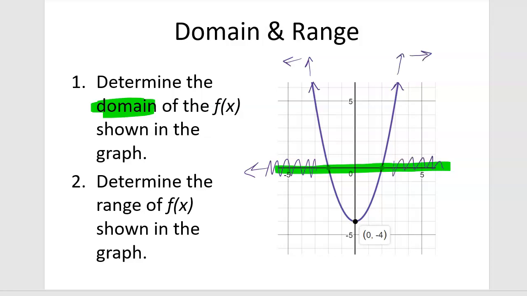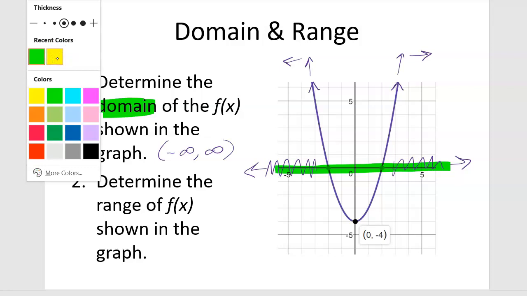So it is going to keep using all of those values, and it's obviously using the values right here on the actual curve that you're seeing. So we say this is -infinity to +infinity because it goes on forever in the negative direction and it goes on forever in the positive direction. And you always should put a parenthesis on your infinity.